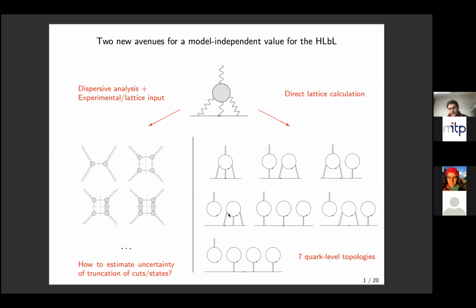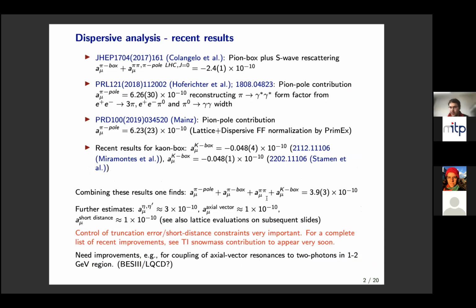So I'll talk mostly, I have to say, about the direct lattice QCD calculations and all the progress there, since this is also my personal field of research. Nevertheless, let me start with giving you a quick overview of progress for dispersive analysis. I say here recent results, but you can already see that this is now a 5-year perspective. On the timescale of these 5 years, which was a similar timescale in the theory initiative, serious attempts have also been made to do this form factor decomposition.